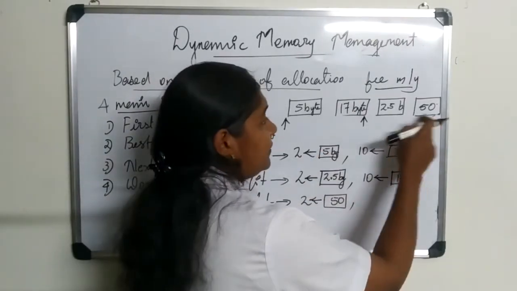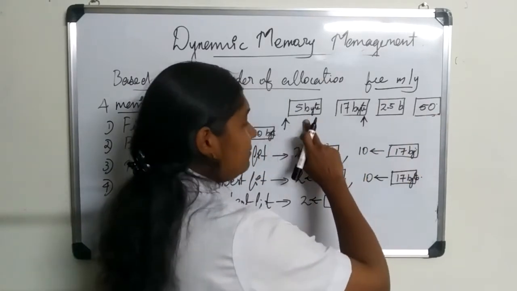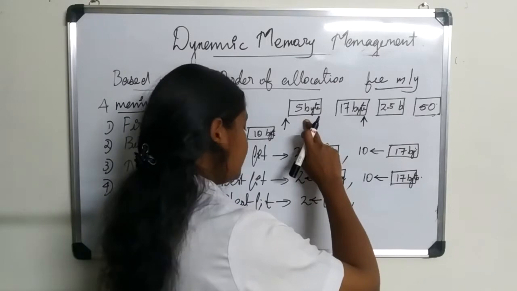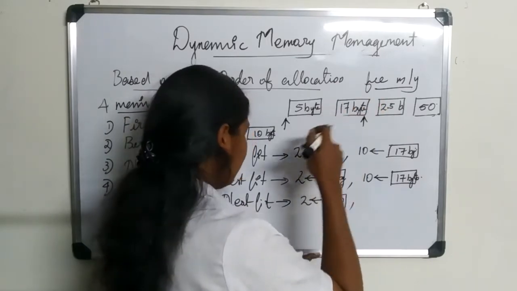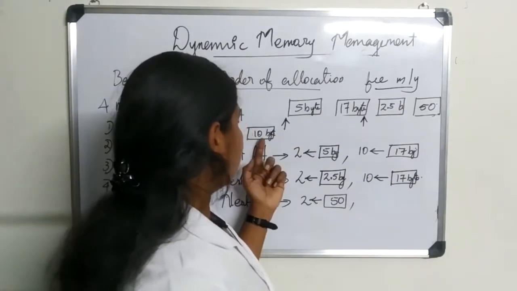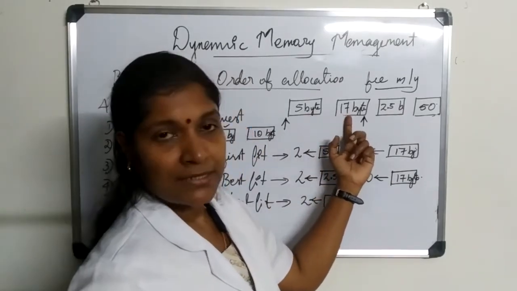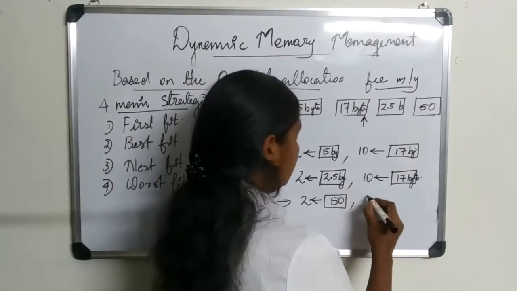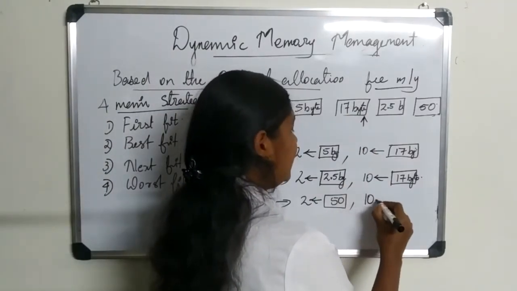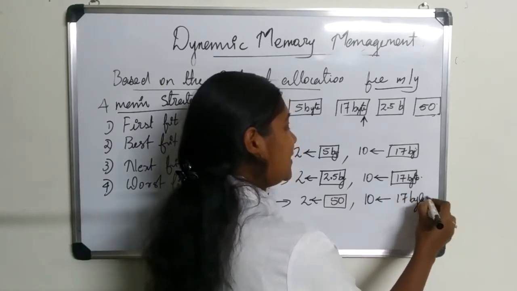Right now, if the 50 byte block is already allocated, then the 5 byte block is not available either. The next request is for 10 bytes, so to satisfy it, the next available block will be 17. So for 10 bytes, again the 17 byte block will be allocated.